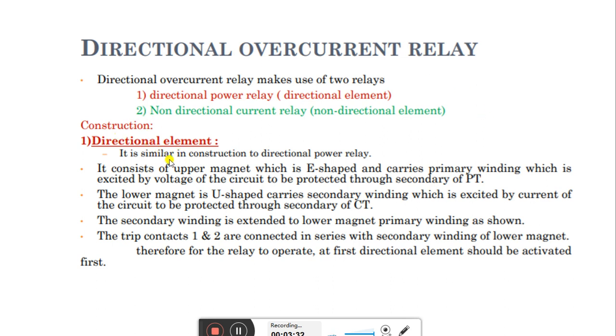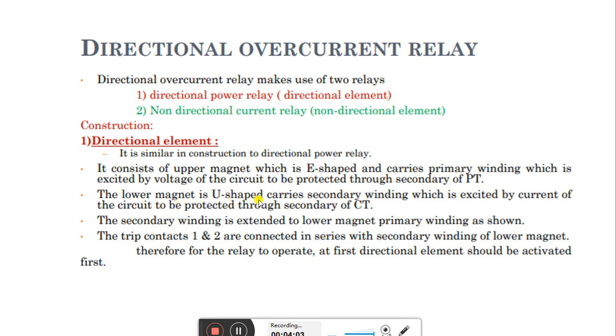So what are the constructional details? It is similar in construction to directional power relay. As we are using a directional power relay, this means construction will be similar to the directional power relay. It consists of upper magnet which is E-shaped and carries a primary winding which is excited by a voltage of the circuit to be protected through the secondary of PT. We are talking about the directional element.